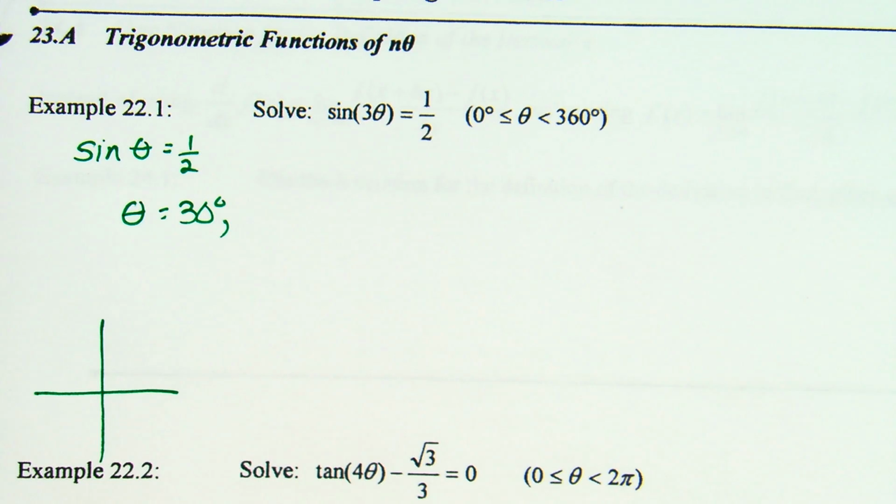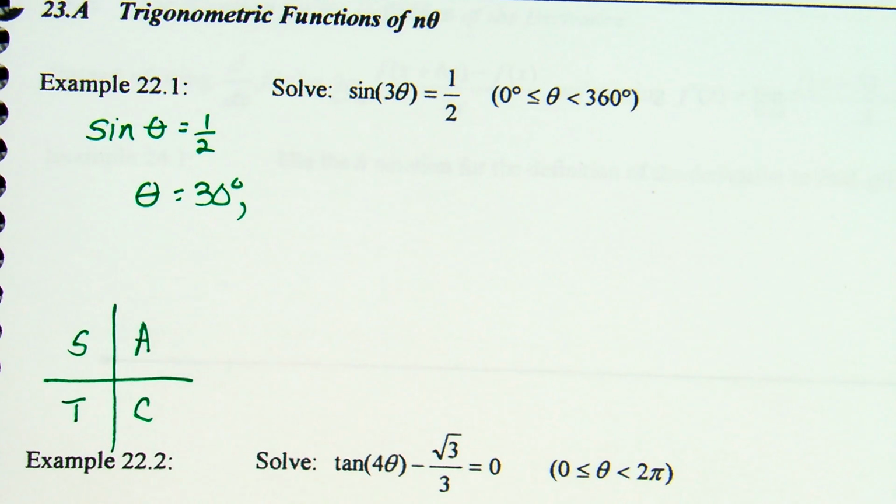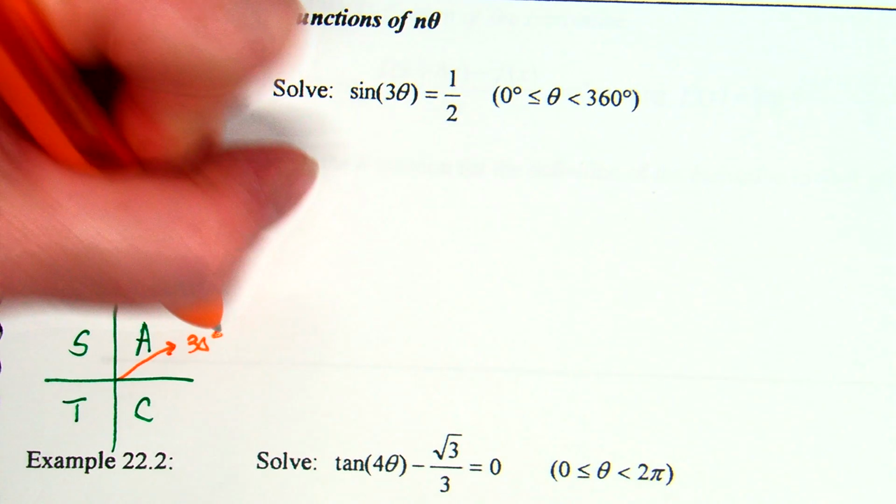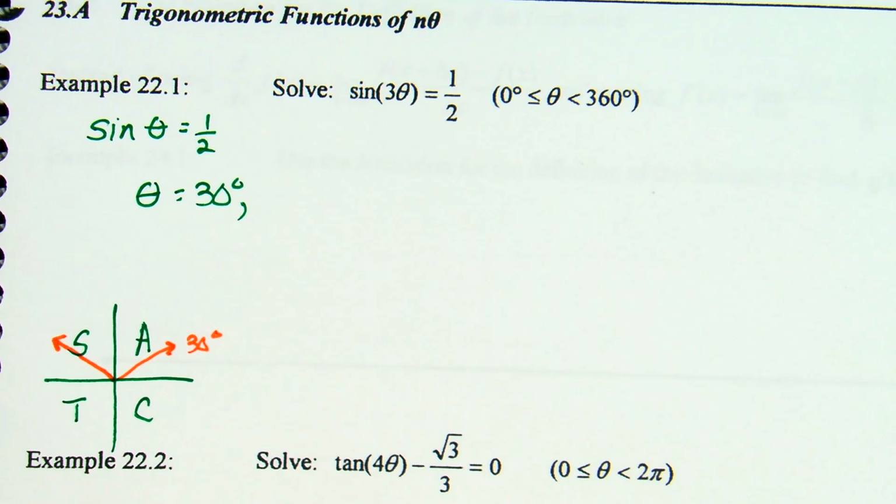Okay, so first of all, he never said this, but he alluded to it. All students take calculus, right? Because sine is equal to a positive, we have our quadrant 1 angle of 30 degrees. We also need the equivalent angle in quadrant 2 because that is a quadrant where sine is positive.